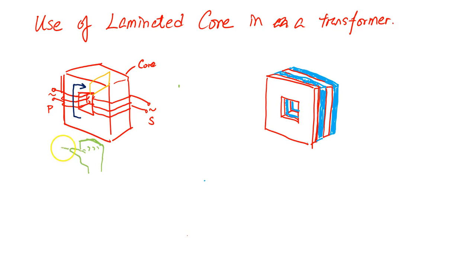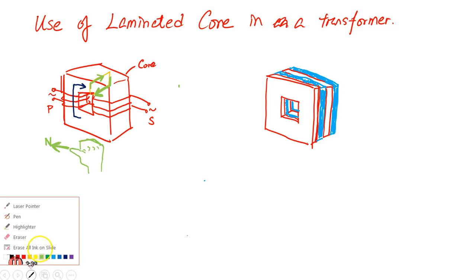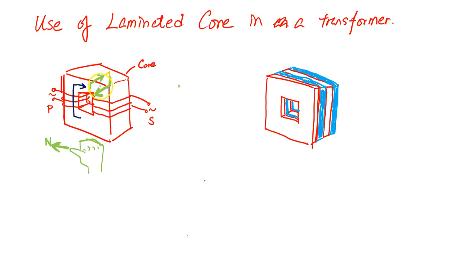Right, and then you can see that by pointing the thumb this way, you would have a north pole in this direction. So what happens is that in this core, the induced current will flow in this manner, so that it will produce a magnetic pole that opposes.